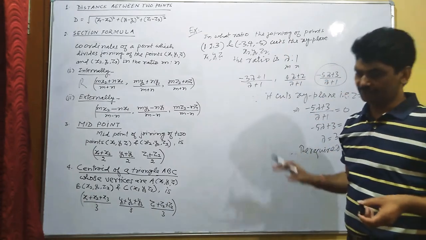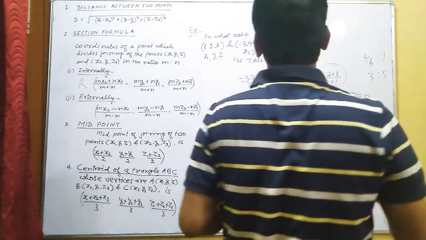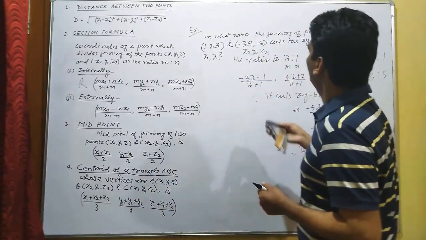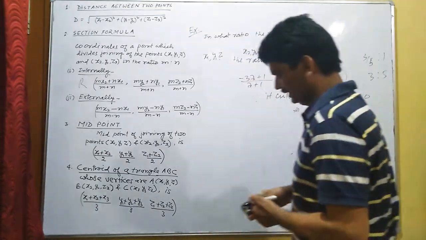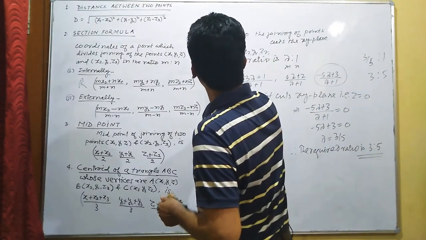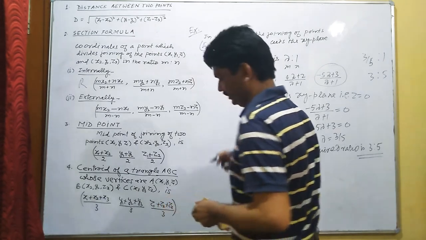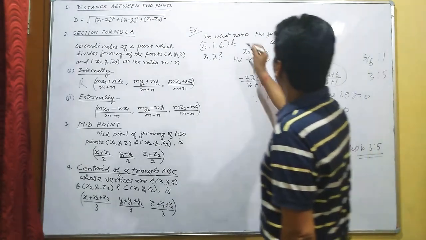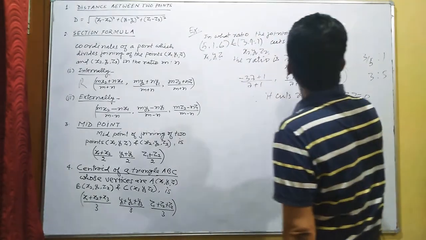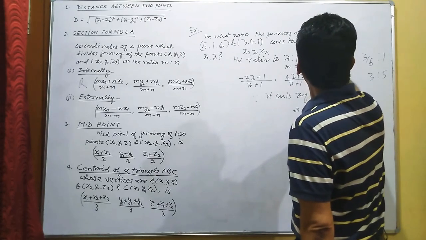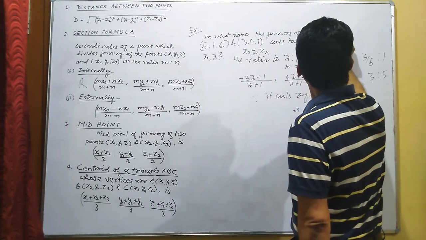Similarly, a second problem: in what ratio does the joining of the points (5, 1, 6) and (3, 4, 1) get cut by the YZ plane?